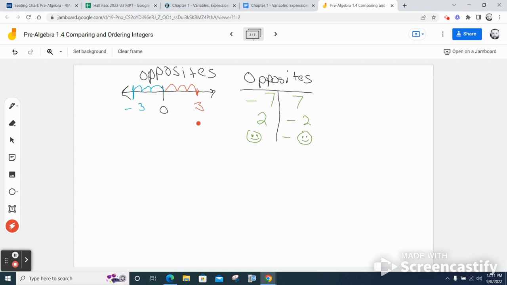That's important because as we move forward and learn algebra, we use opposites a lot. Okay? We're almost to example number 1, the first problem that we're doing. Does everybody have this written down? Okay. Can I move on to the next slide? All right.